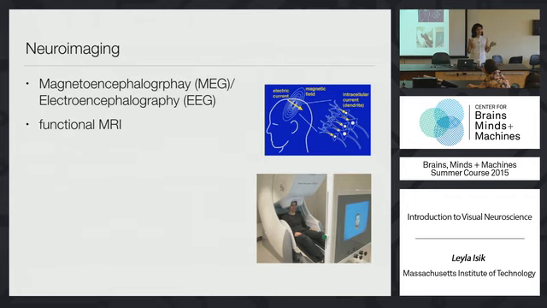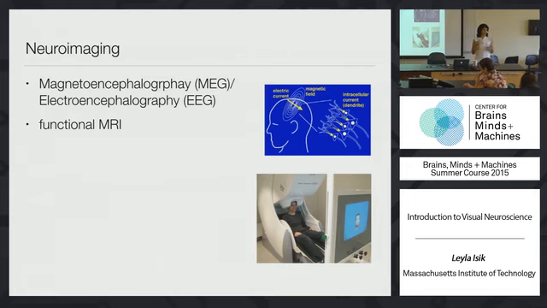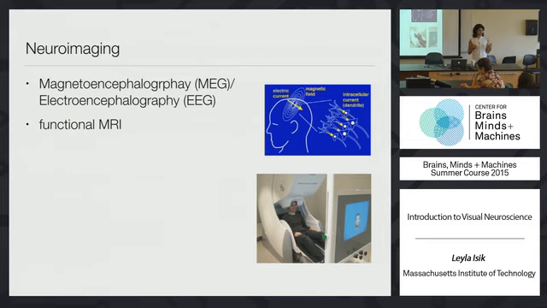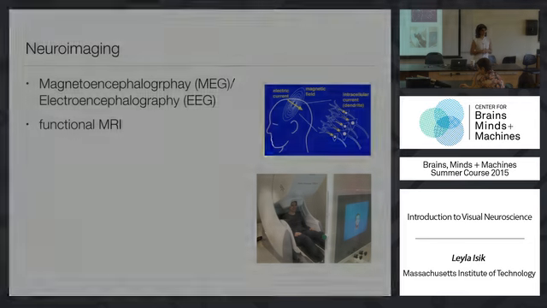And so it's a very ill-posed problem, meaning that there's not a unique solution to go from sensors to cortex. And so that's why they say that the spatial scale is so poor, but actually it's not a well-defined problem. So it's hard to even know where the activity is originating from. But that's a very active area of research for how you can constrain that problem with anatomy and other measurements to get better resolution. But still, I think people typically think of it as being on the order of centimeters.